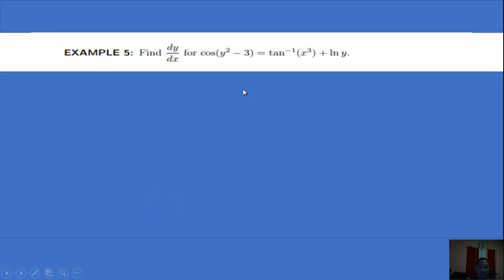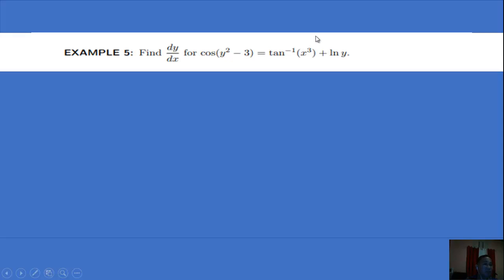Find dy dx for cosine of y squared minus 3 equals the arctan of x cubed plus ln of y. So, ang gagawin natin is ang derivative ng cosine. Ang derivative ng cosine ay negative sine of u, which is y squared minus 3, times the derivative of y squared minus 3, which is 2y, equals the derivative of arctan of x cubed, which is 1 over 1 plus x cubed raised to the power of 2, or 1 plus x to the 6 yung denominator, times 3x squared pa.